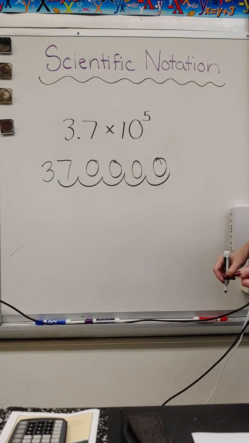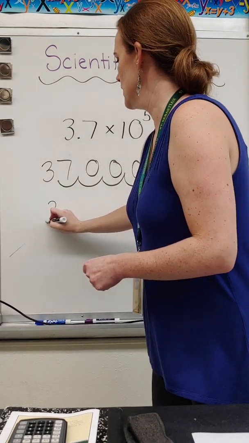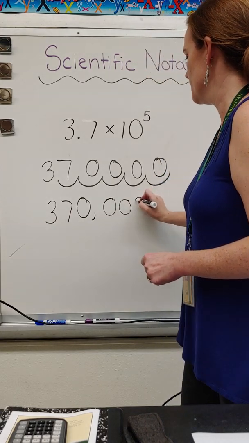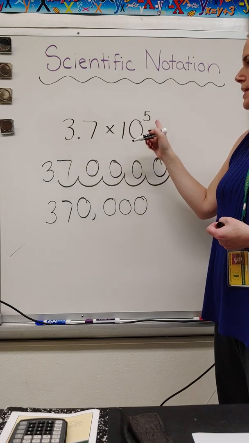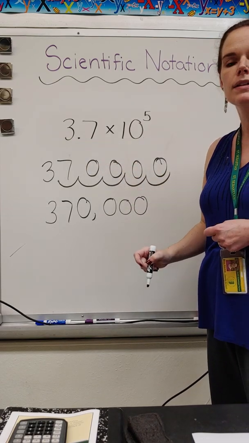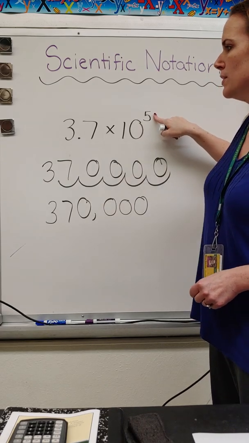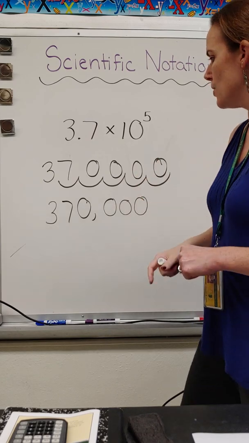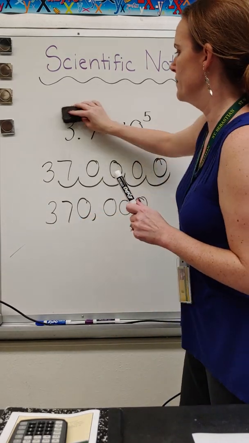So the answer to this in standard notation is 370,000. Because we took that decimal and we moved it back 5 spaces. And I just remember that when the exponent is positive, you're making the number larger. So that is that.